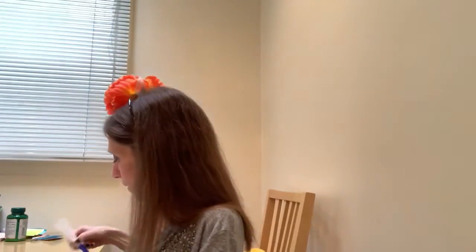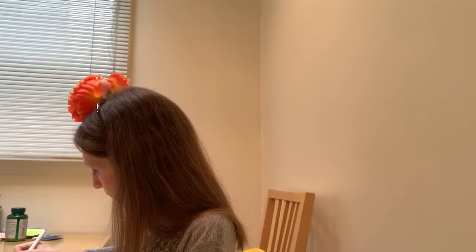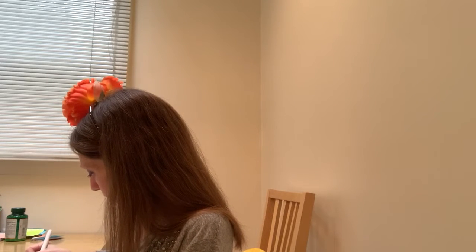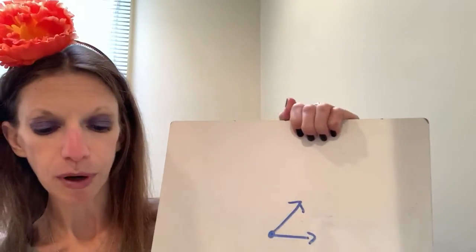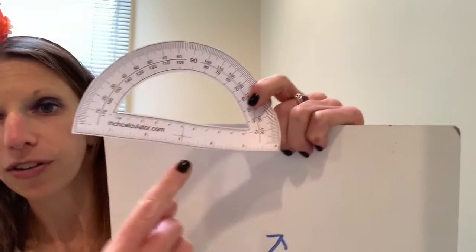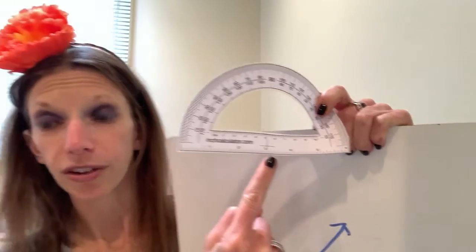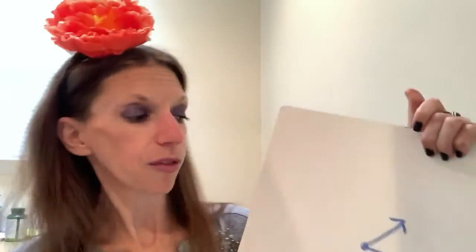Now watch me. I made an acute angle with our point, which is the vertex. If you see, there's a little circle on this protractor, and that's where we would line it up with the vertex.